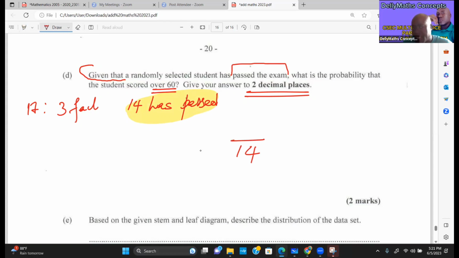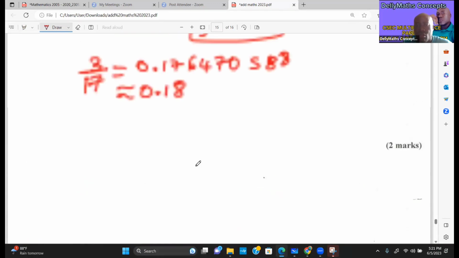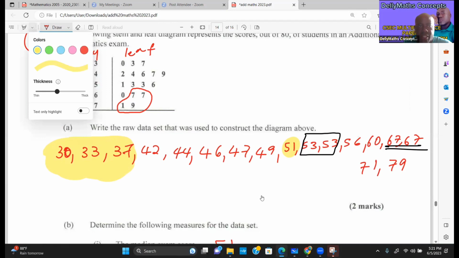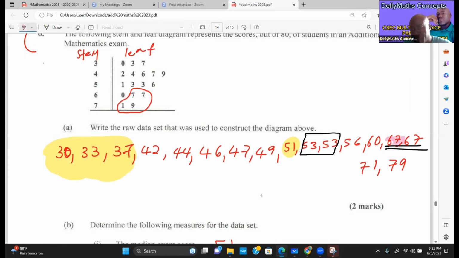So I'm not taking 60 because it says the students score over 60. So let's see those who score over 60. Let's see. 67, 60, 67 2 times, 60, 71, and 79. So over 60 would have been everybody here. These. So we have 4.